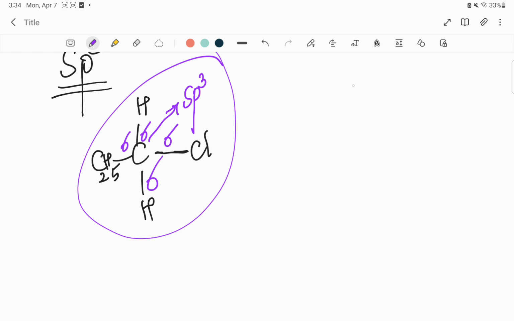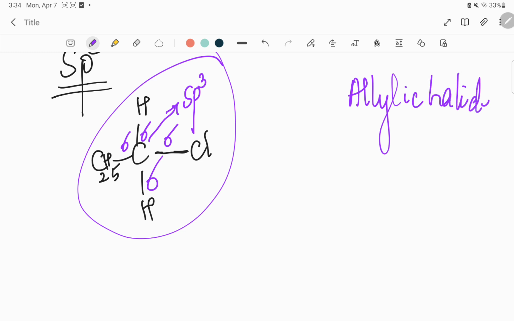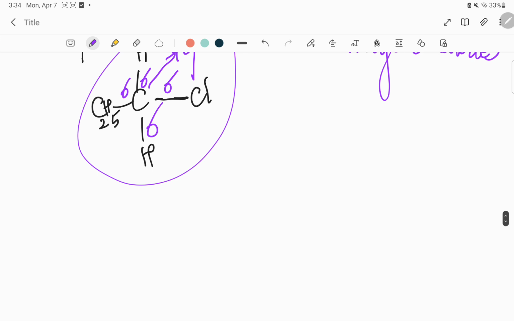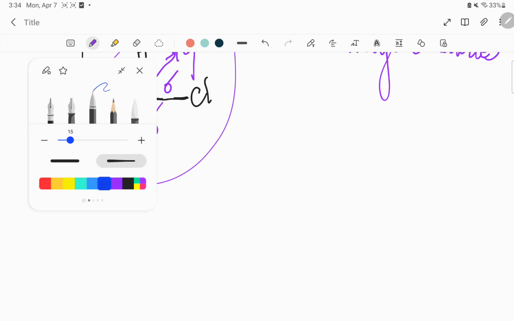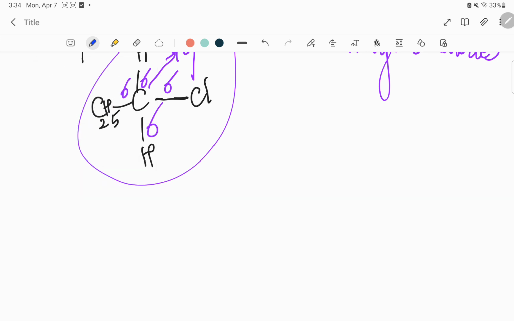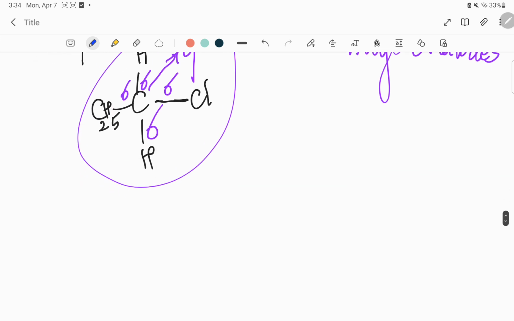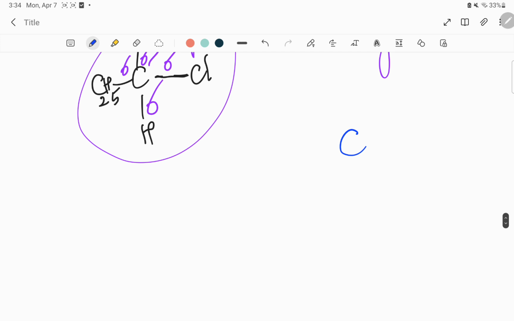The second one is allyl halides or allylic halides. If there is a halogen which is attached to an allylic carbon, then it is an allylic halide. So let us first understand what an allylic carbon is. An allylic carbon is an sp3 hybridized carbon which is attached directly to a double bond.